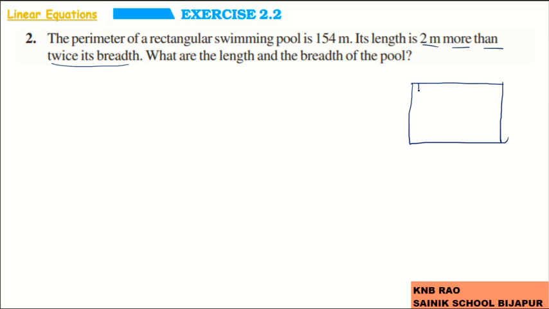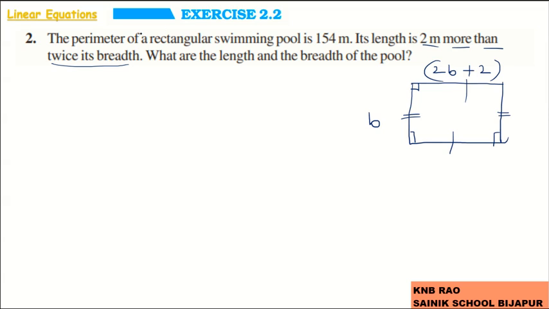So, in this rectangle, if I assume breadth as, let us say, b, then length is 2 times b plus 2, because it is 2 more than twice the breadth. So, that is going to be the length of that rectangle.